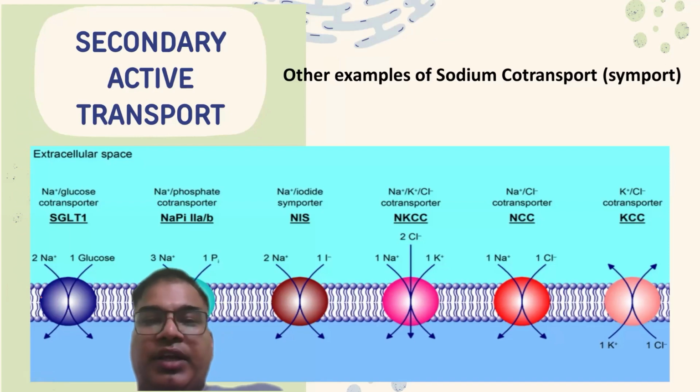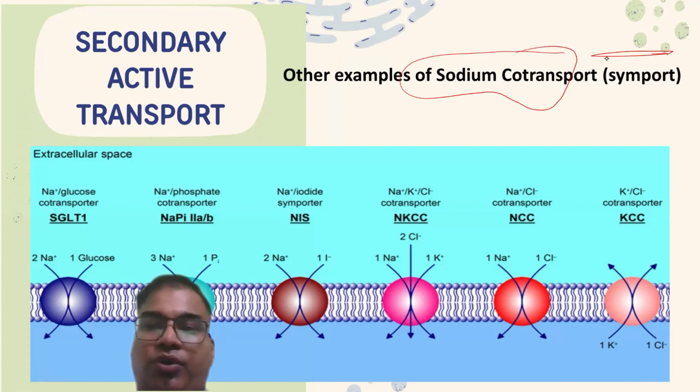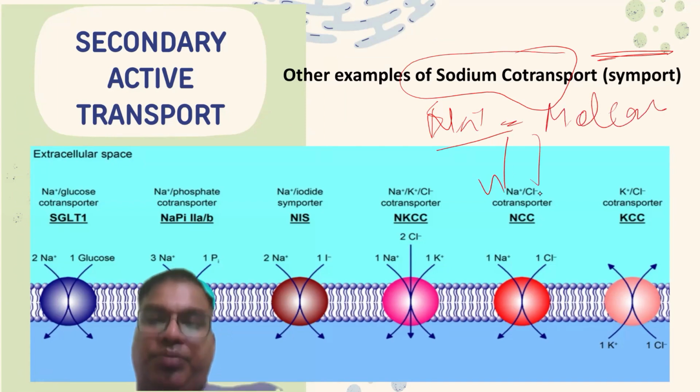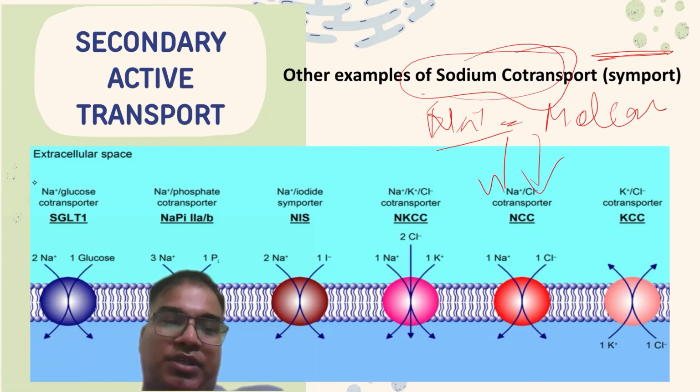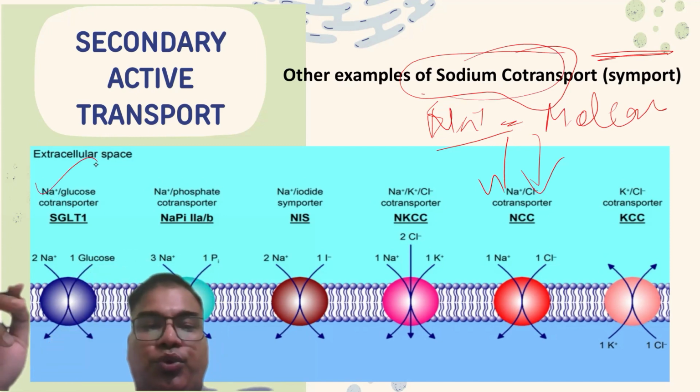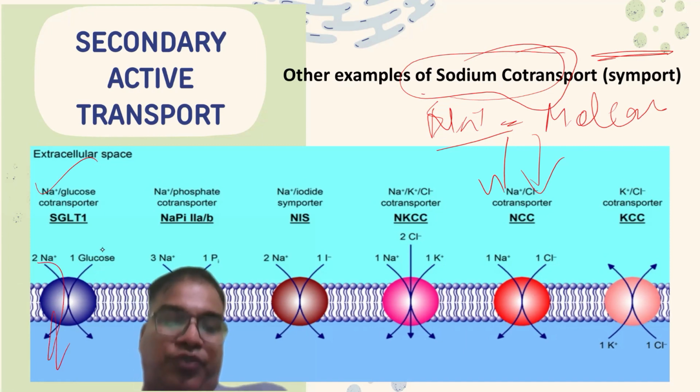Now come to the other examples of sodium co-transport or symport, because the sodium and the other molecule which is going to be transported are moving in the same direction. So it is co-transport or symport. Examples are, the common example is the sodium glucose co-transport. Both are moving in the same direction inside the cell. Sodium phosphate co-transport.